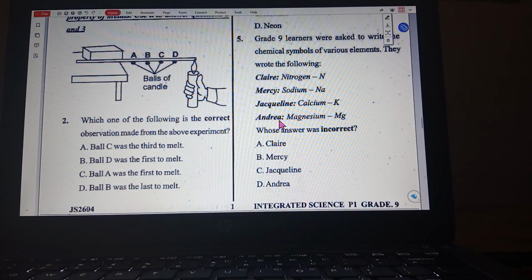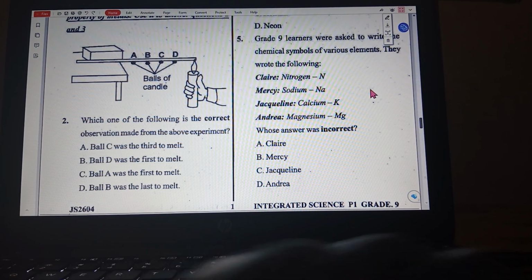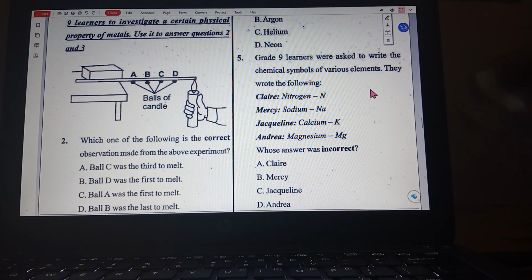Grade 9 learners were asked to write the chemical symbol of various elements. They wrote the following.